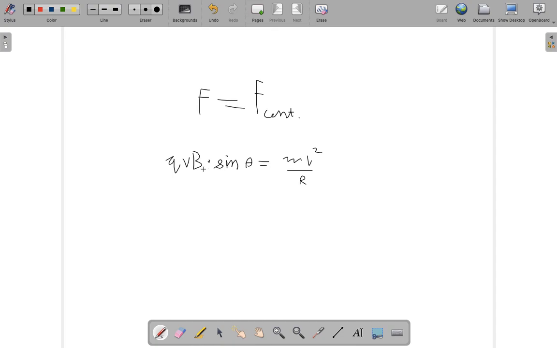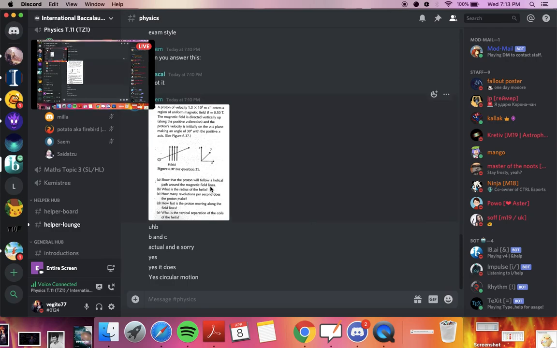So sine theta is 0.5. The velocity cancels one power and we get rid of the square over here. And if you make r the subject, you should get r equals m v over 0.5 q B, or simply 2 m v over q B. And I believe the other values should be given.